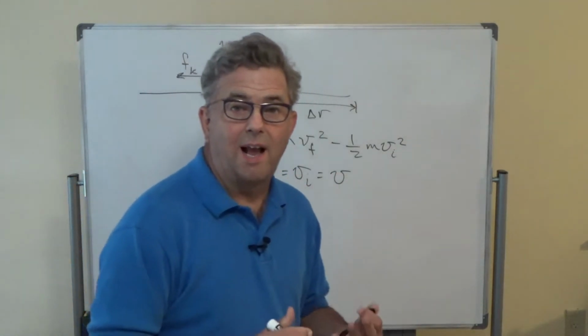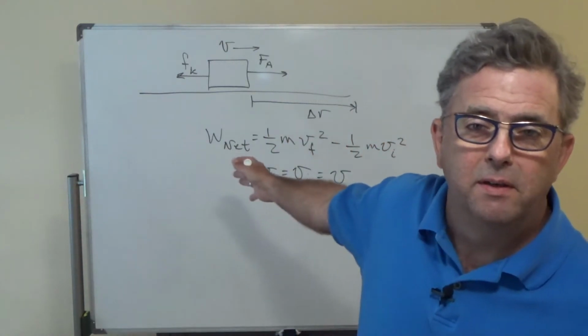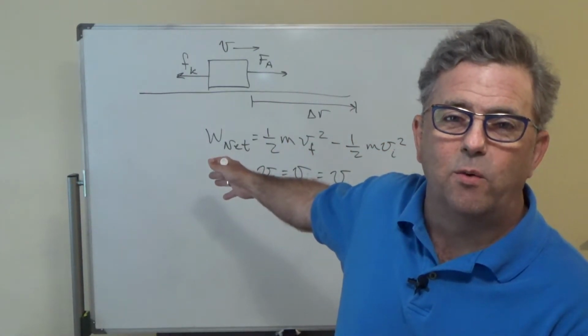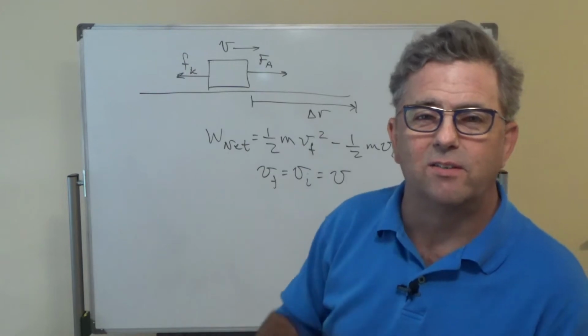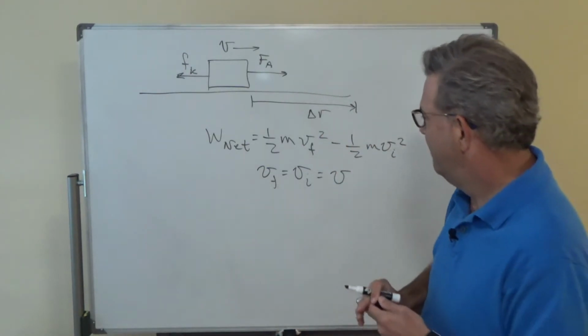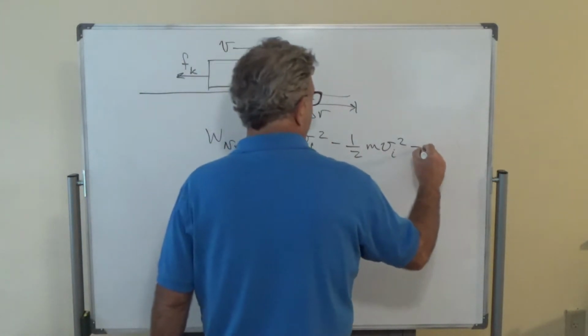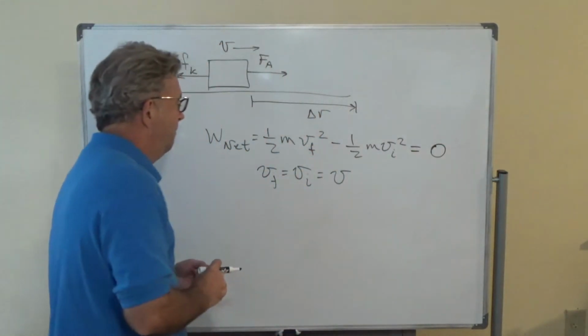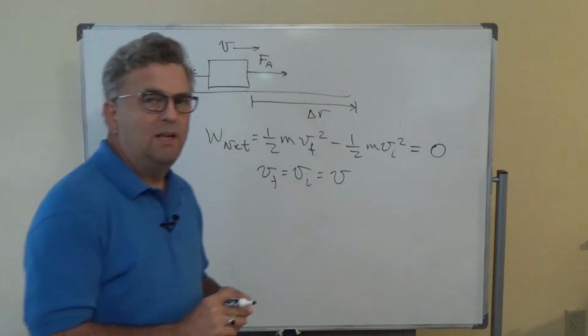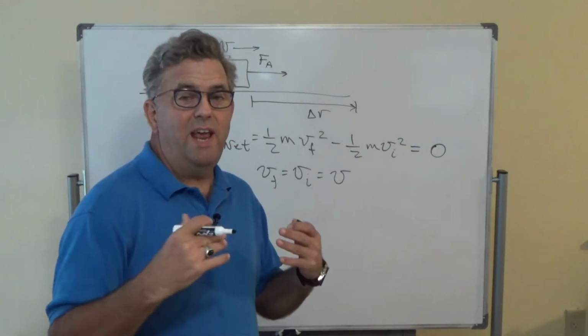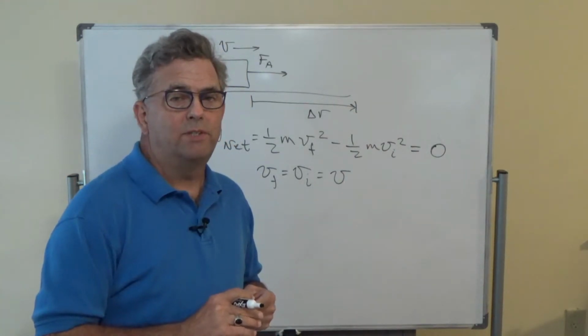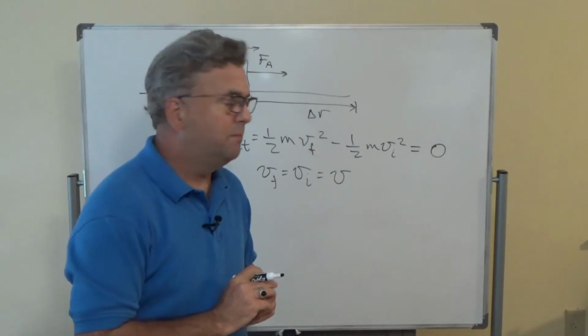It's moving at a constant velocity. That's a very technical way to say it's moving at a constant velocity. So this side is equal to 0. It says that the net work being done on the object is 0.